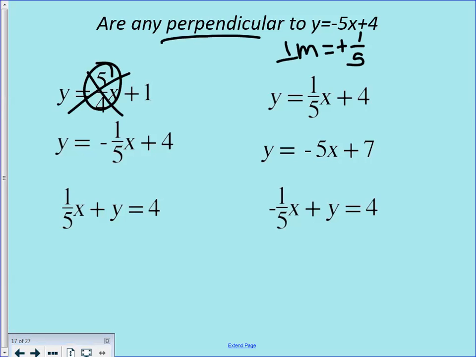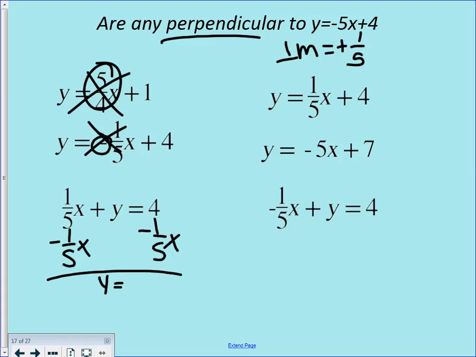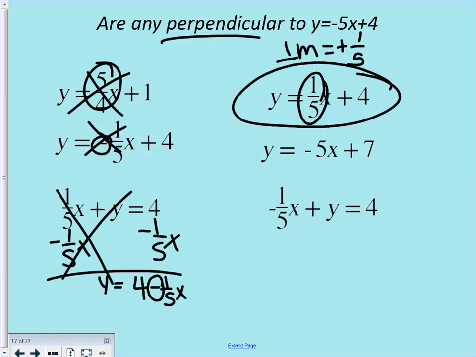This one is a negative, so that's wrong. This slope here is in standard form, so let's move the 1/5 over so we can be in slope intercept. And I see I have a negative slope, which tells me that one's wrong too. This top one here, on the other hand, does have a positive slope, so that would be correct.